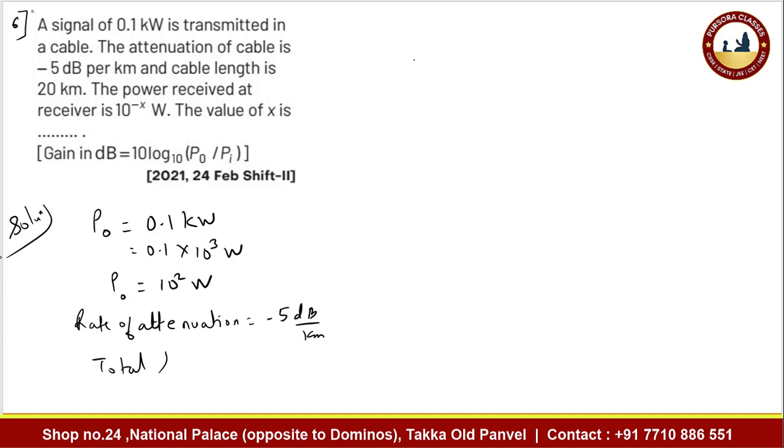So what will the total loss be? Since the cable is 20 kilometer in length, the total loss is rate of attenuation into length. So minus 5 into 20, that will be minus 100 decibel. That will be your total loss.